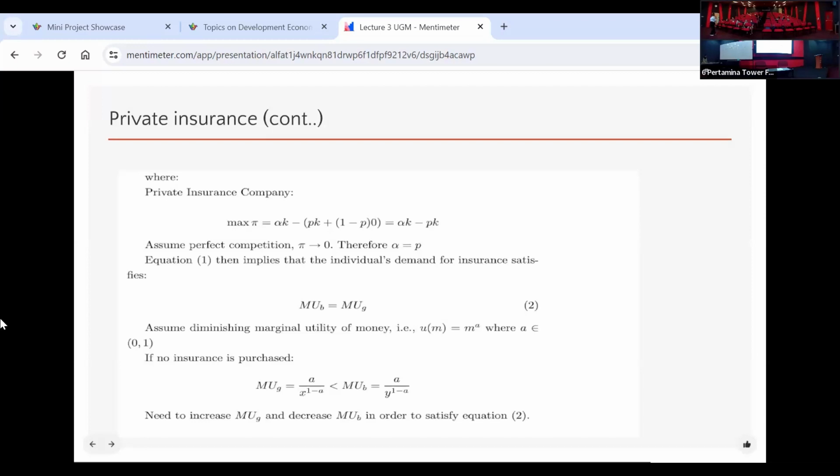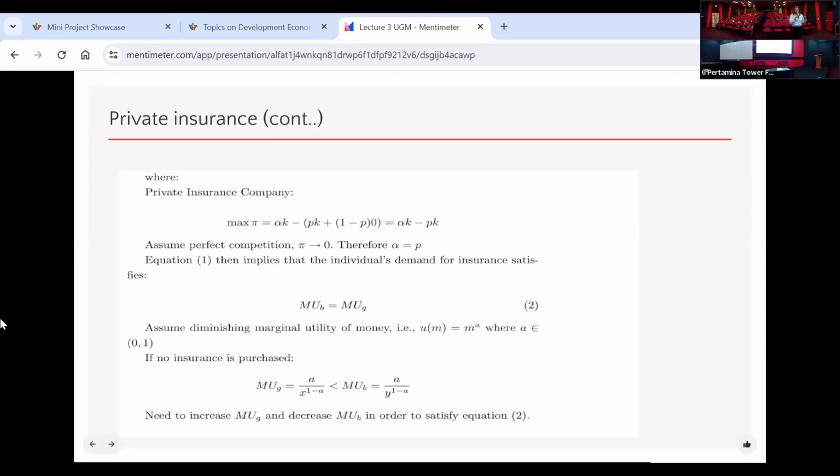How much insurance would you like to buy for this magnificent car? Well, I would like to buy full insurance because I want my marginal utility of someone smashing my beautiful car to be the same as my marginal utility of someone not smashing my car. So I want to be in the same state.